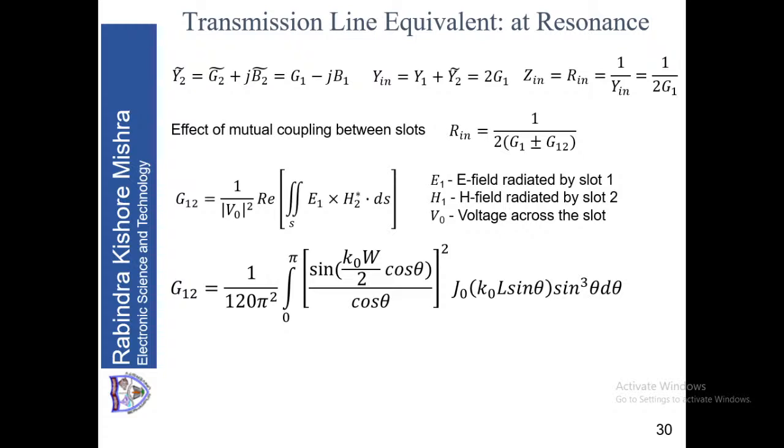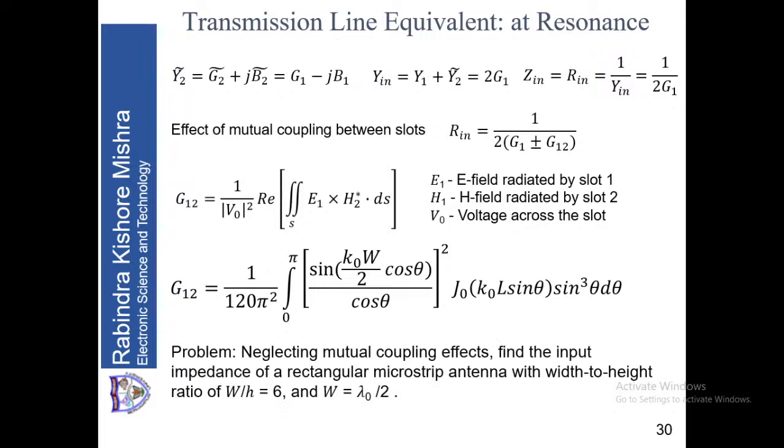So once we know this, let me give you a problem, and I will give you 5 minutes. After that, we will start the next lecture. This problem is: let us neglect the mutual coupling effect and find what will be the input impedance of a rectangular microstrip antenna with width to height ratio W by H equal to 6 and W equal to lambda 0 by 2.